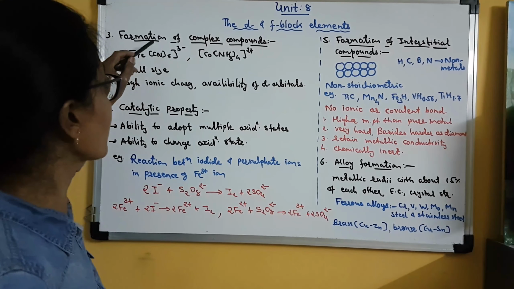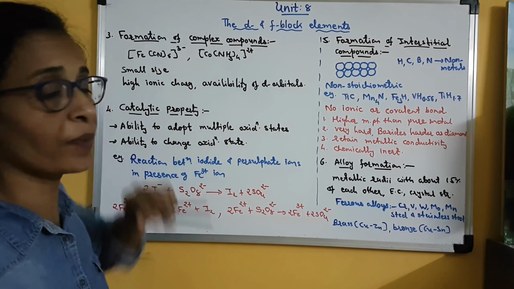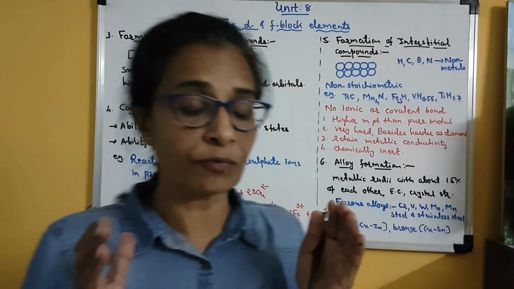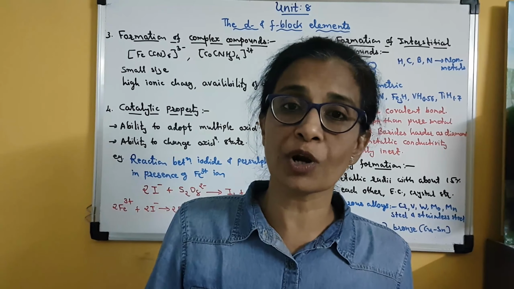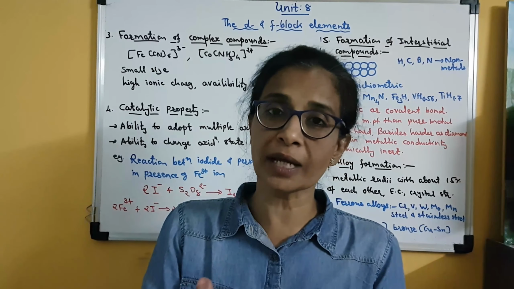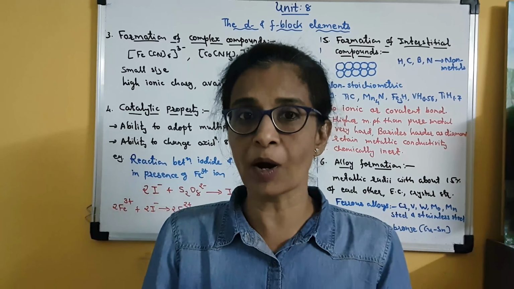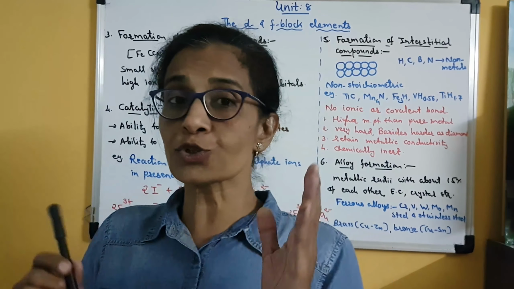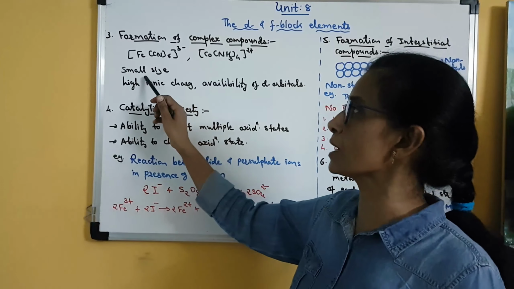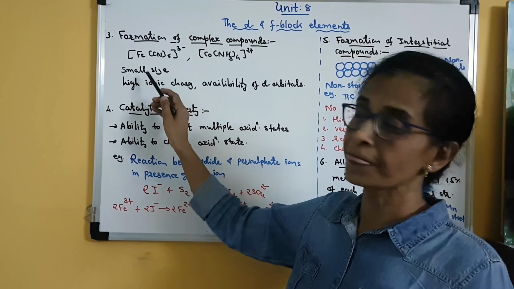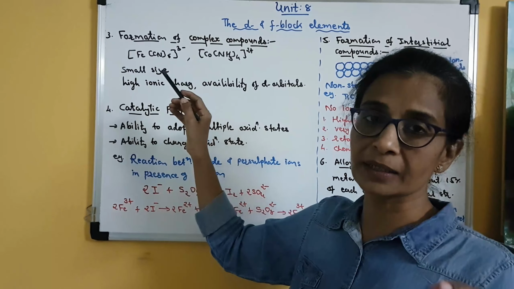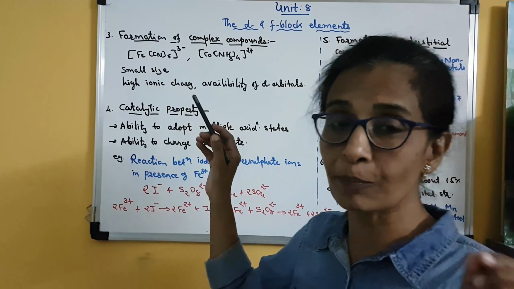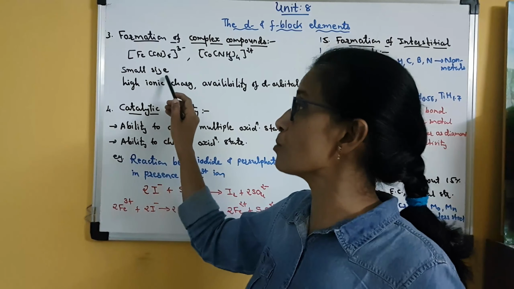But here, what is responsible for the complex compounds? Why, from all the elements of the periodic table, can only transition elements form complex compounds? What is the reason for that? So three important reasons are: one is small size. Transition metal ions are metallic ions, meaning they are positive ions, and they are small in size.